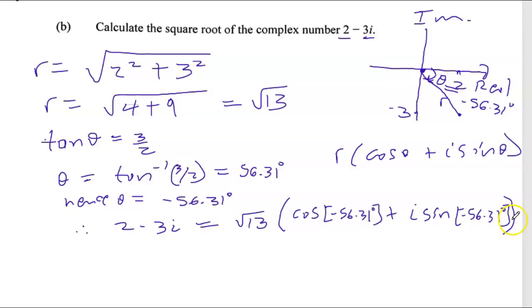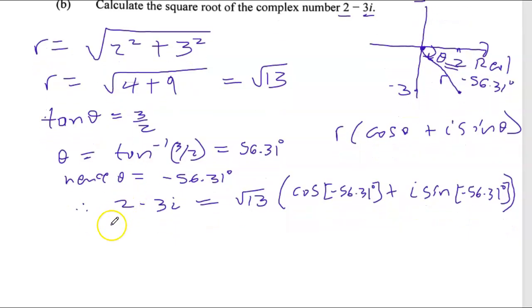Alright? And now we have been asked to find the square root of 2 minus 3i. So to get the square root of 2 minus 3i, we raise 2 minus 3i to the power of a half, since raising a value to the power of a half is the same as finding the square root of that value.